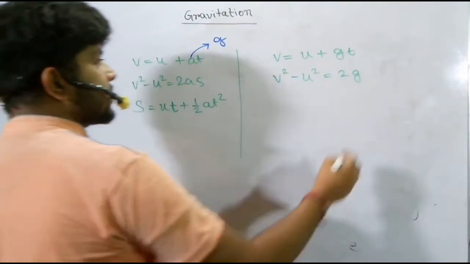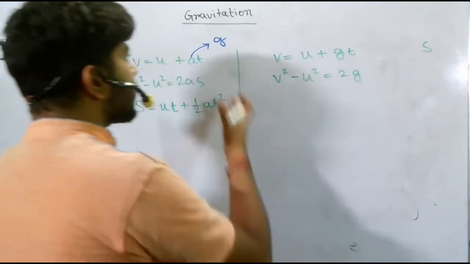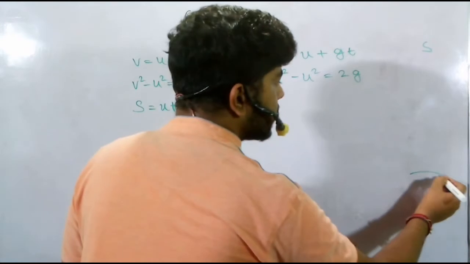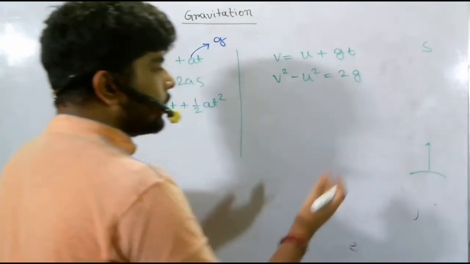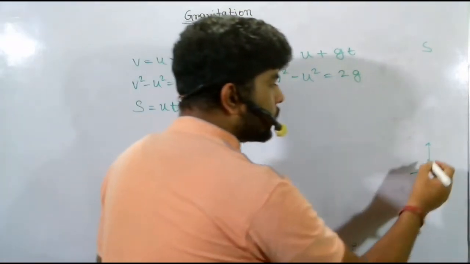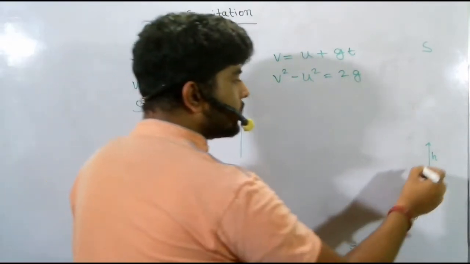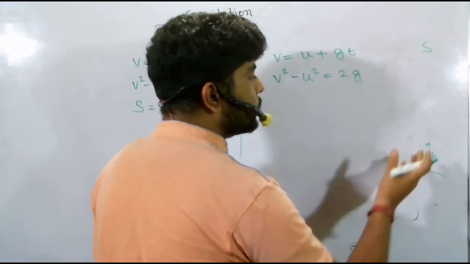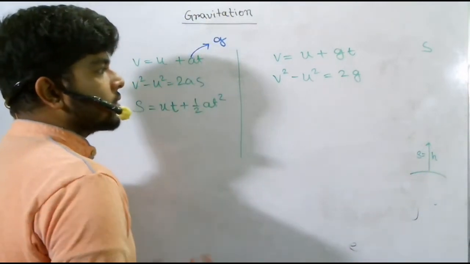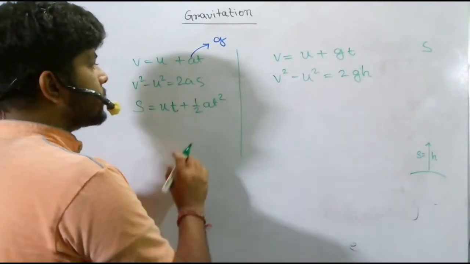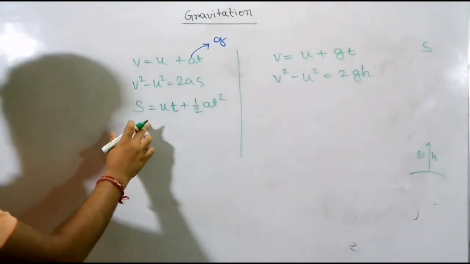Now here S is a distance, but when an object is thrown in the upward direction, this is not a distance, we prefer to say it is a height. So we use the term H in place of S, so 2GH.